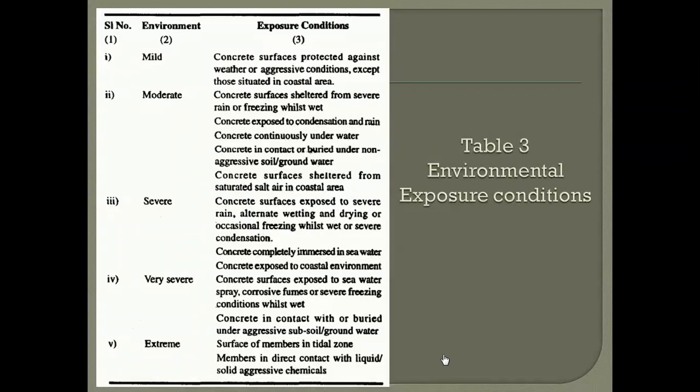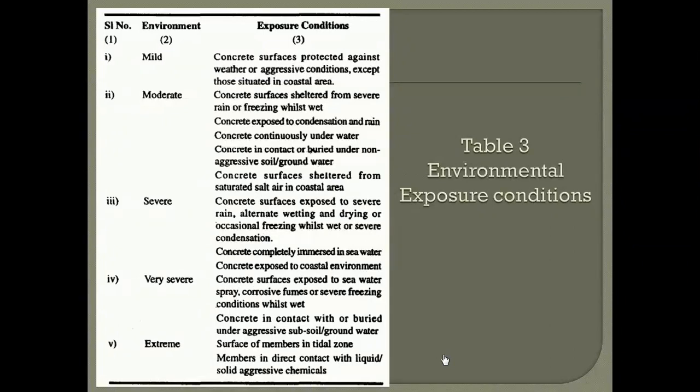If any offshore structure is going to be constructed where there are severe tidal waves, then the environmental condition is extreme. Otherwise, Mangalore comes to severe or very severe. Before we do the mix proportion, we have to check where the building is going to be constructed, and based on that we decide the environmental exposure conditions.